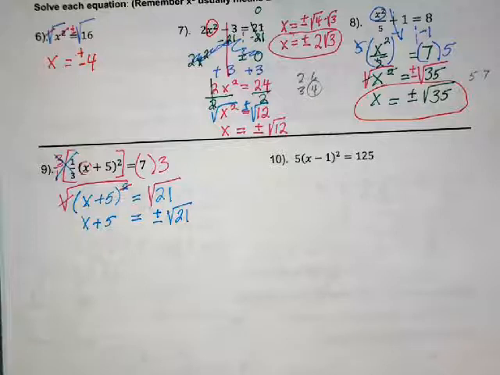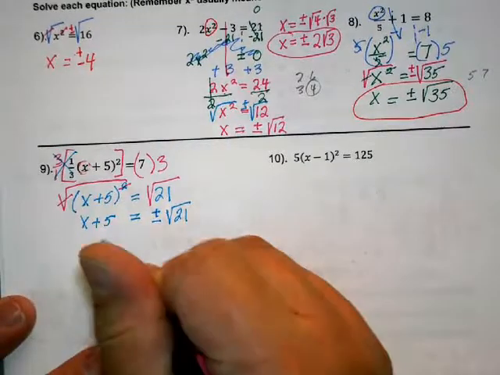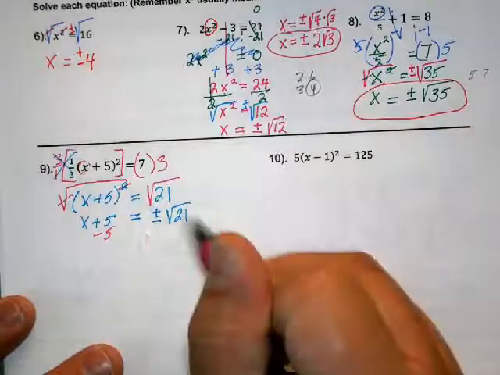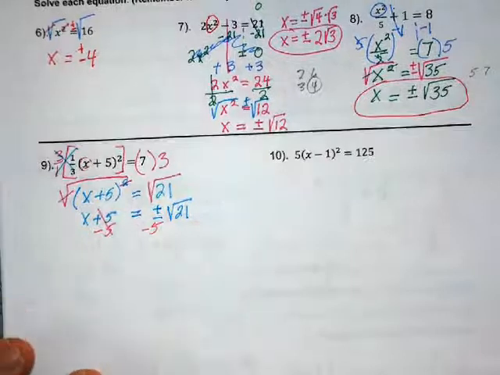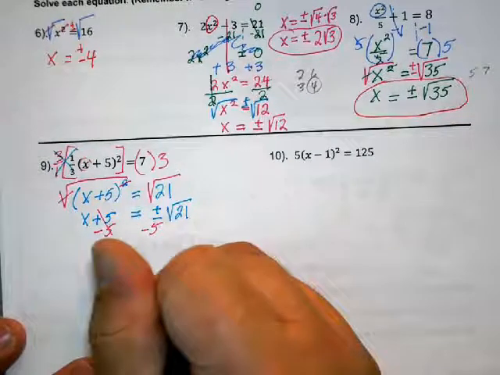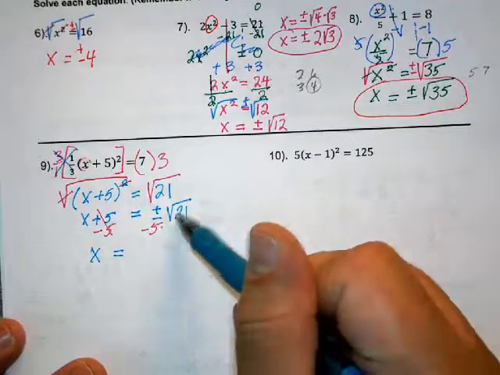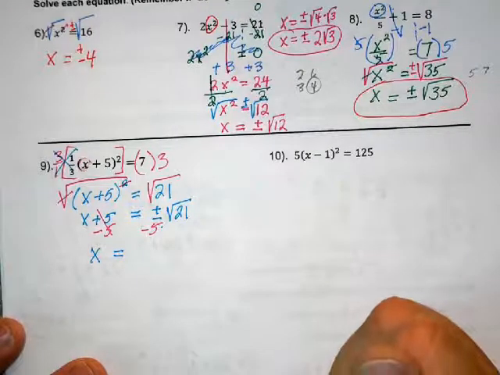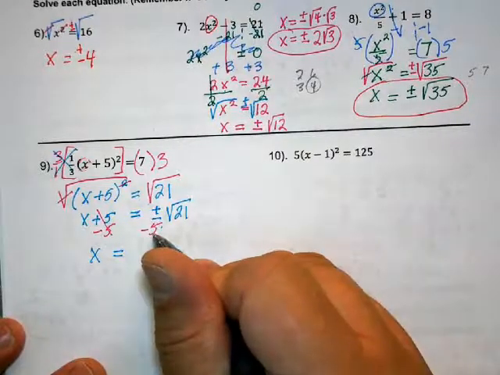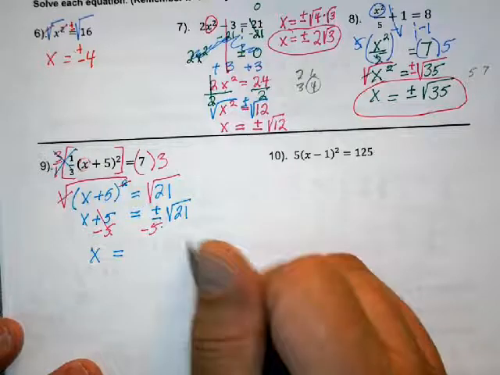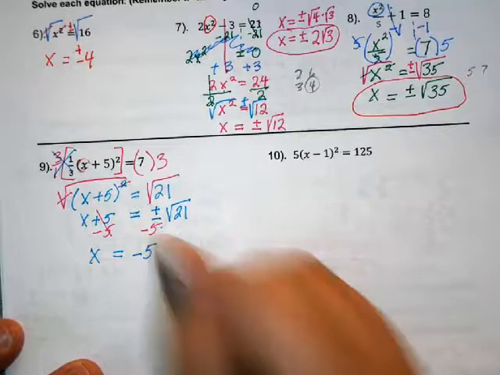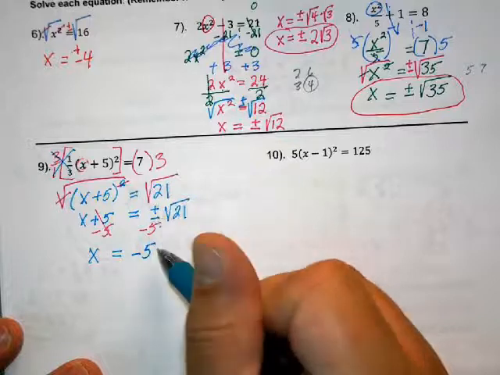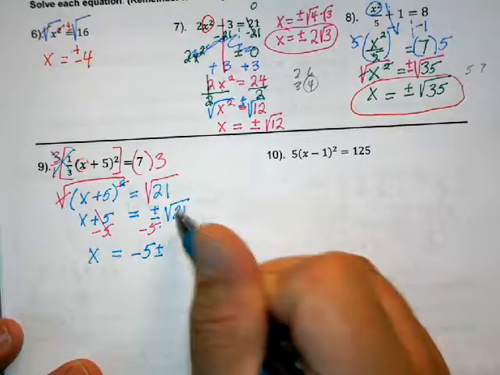Now, I'm going to subtract that 5. So I get x equals, now these are unlike terms. Always put your number first, then your radical. So I have my minus 5. Don't forget the plus or minus sign. Square root of 21. There's my answer.